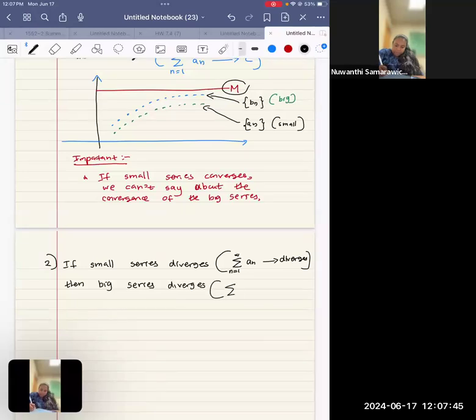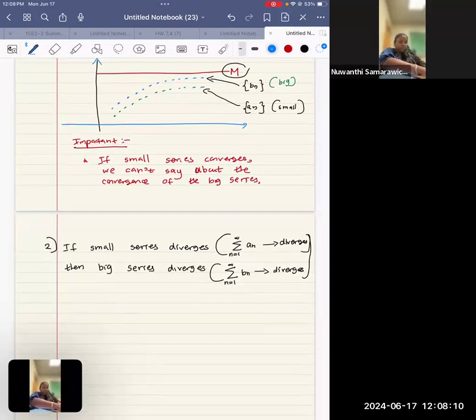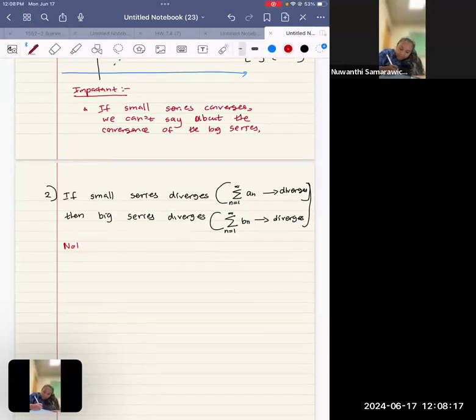So that means the series of B sub n diverges too. If I draw this, I'm going to have a picture for this. The same thing goes here also. Note, this is important: the other way is not true.